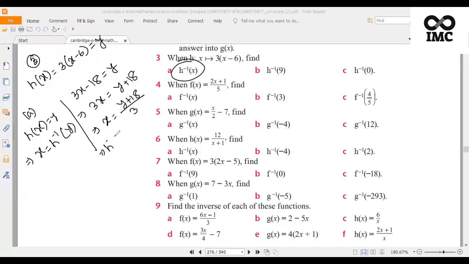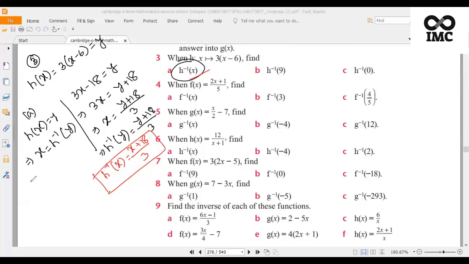So h inverse y will be (y plus 18) by 3. But the question asked me to find out h inverse x. So instead of y, we will put x. So h inverse x will be (x plus 18) by 3. So this is question number A.